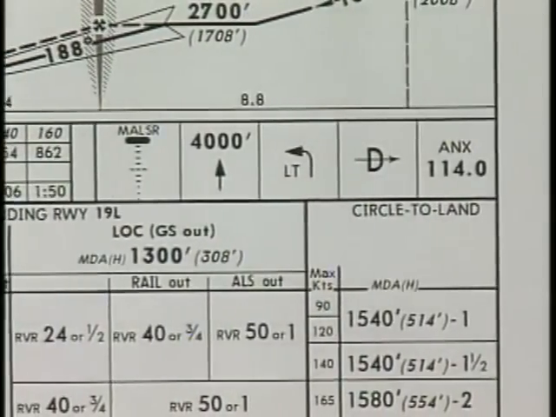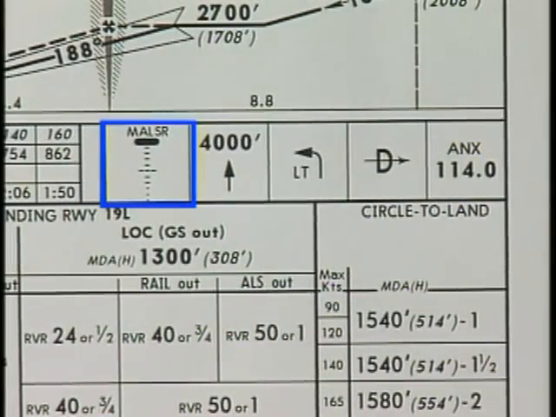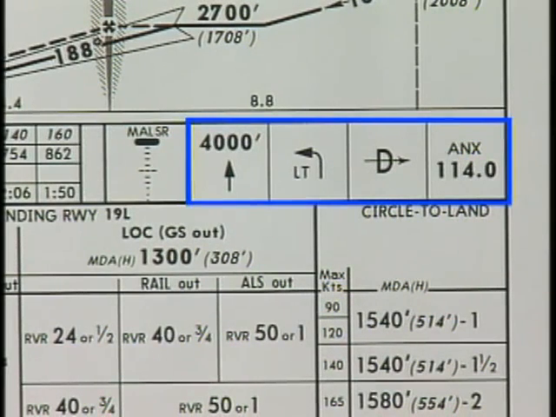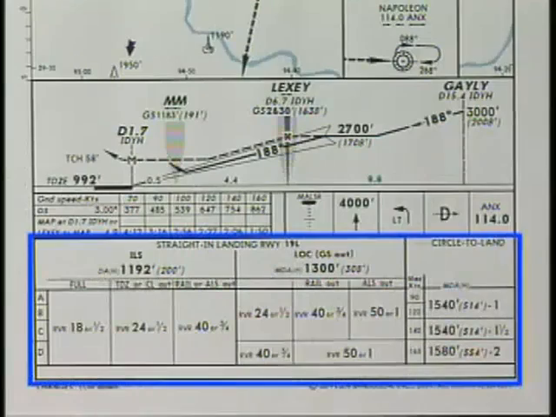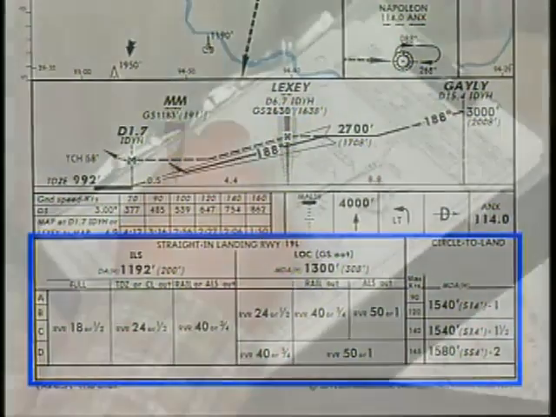In this section, review the approach lighting so you know what to expect when you see the runway environment. Should a missed approach become necessary, this portion of the chart provides a quick reference to the initial up and out maneuver. Finally, review the minimum section to determine the minimum altitude and visibility for the approach.